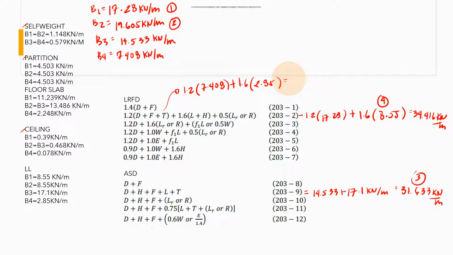So, it is equal to 13.45. So, we have 13.45 kilonewton per meter. So, ito na yung ating number 5.